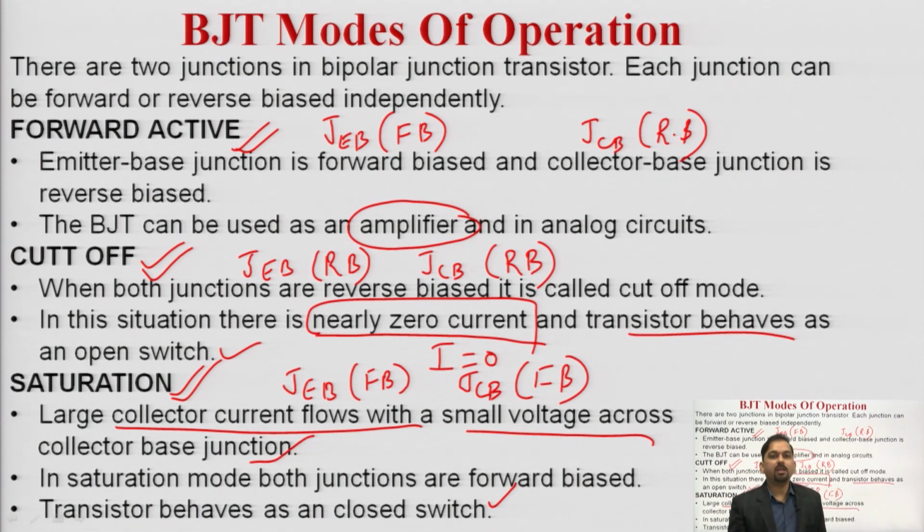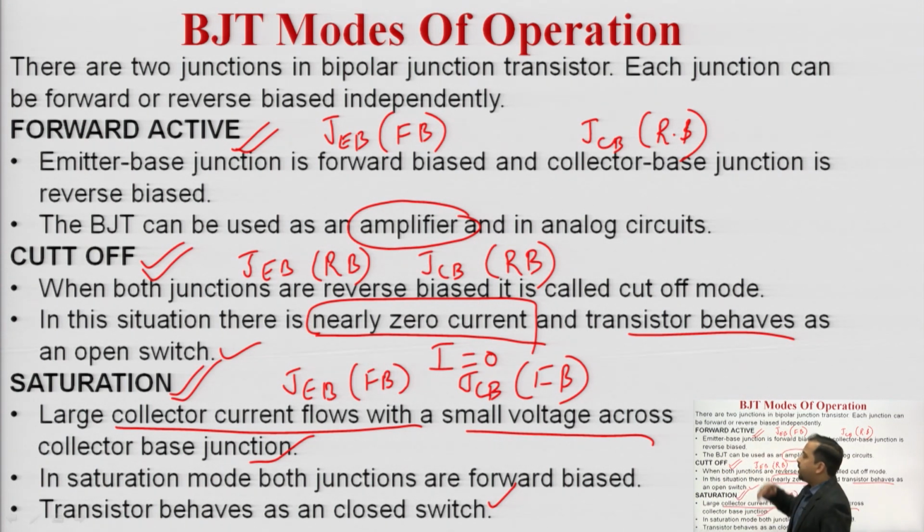So we can say that the BJT can work as a switch also, in the cutoff region and in the saturation region. Cutoff means the switch is off, and in the saturation region the switch is on.